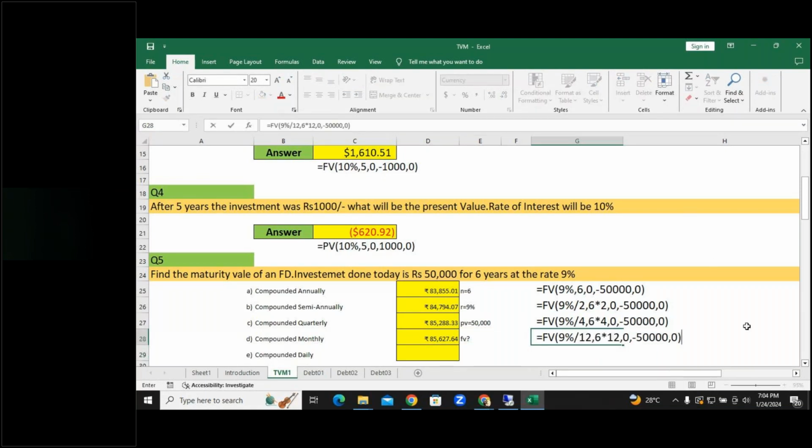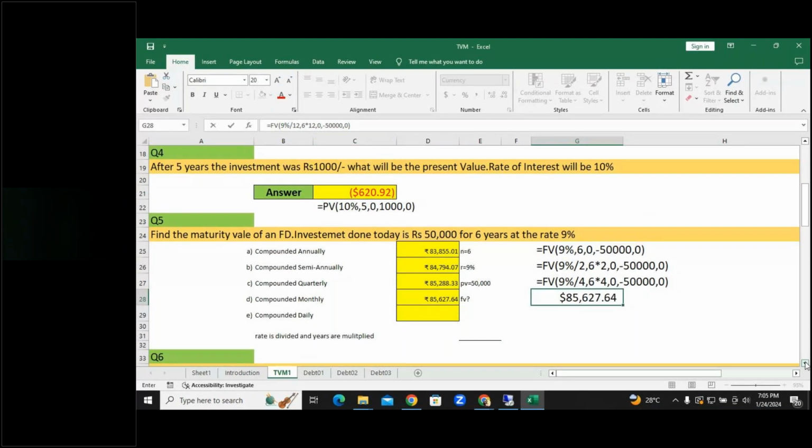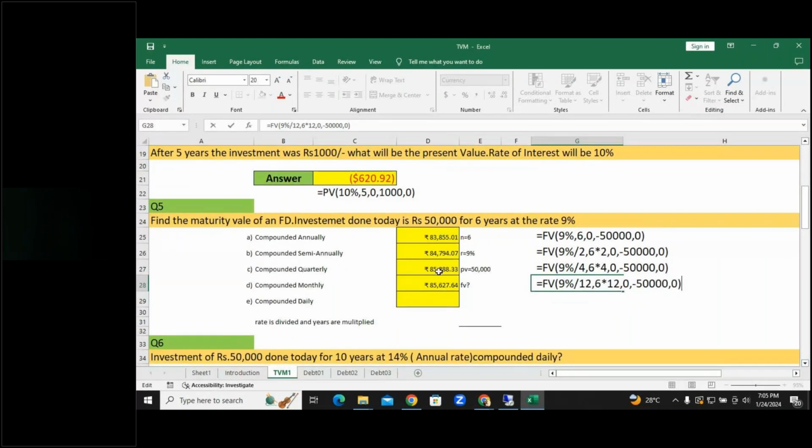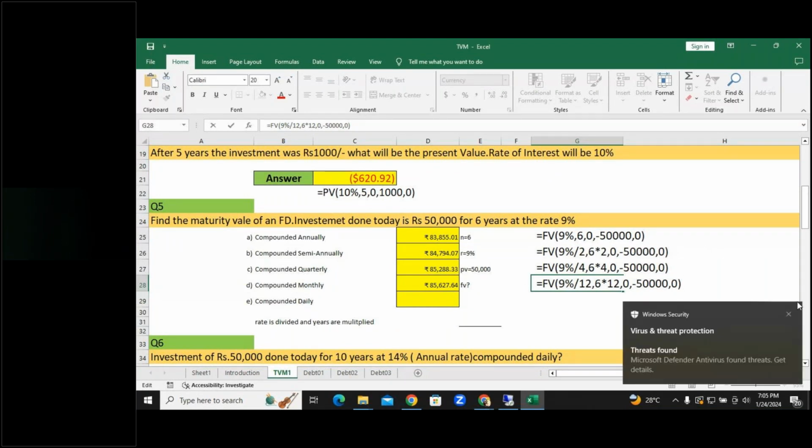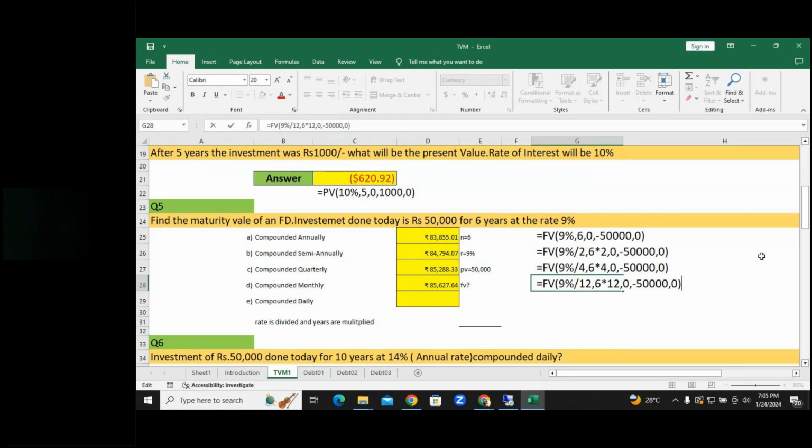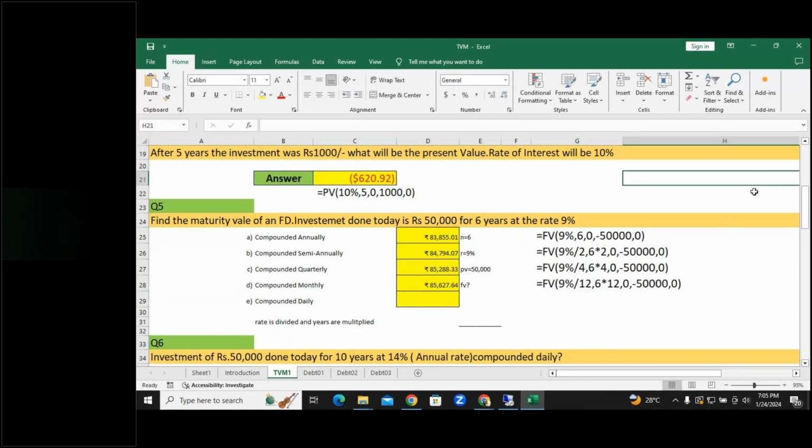For compounded daily, how does the formula have to be written? Will you people try it and please tell. I have solved 4 of them for you, so here you can see the answers. I wanted you people to find for compounded daily.